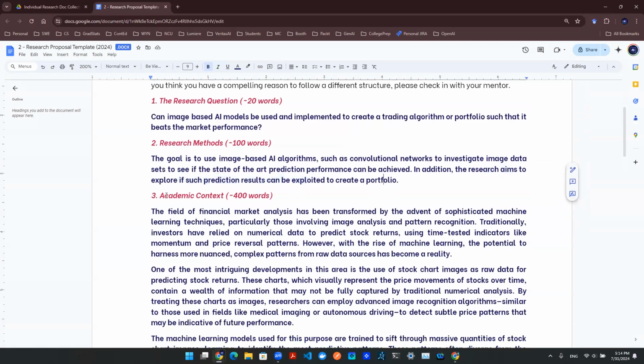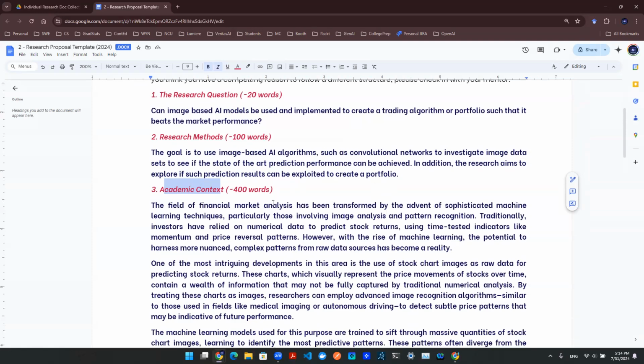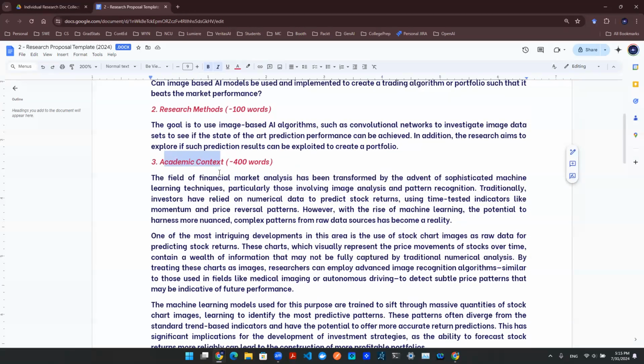Number three is the academic context. Academic context, of course, depends on the nature of your literature and the nature of your research. So it is definitely domain specific. Since this particular example in front of us is about financial market, then of course the academic context is talking about the financial market.